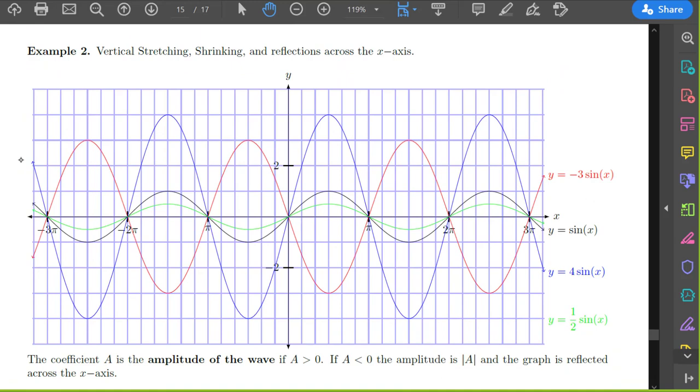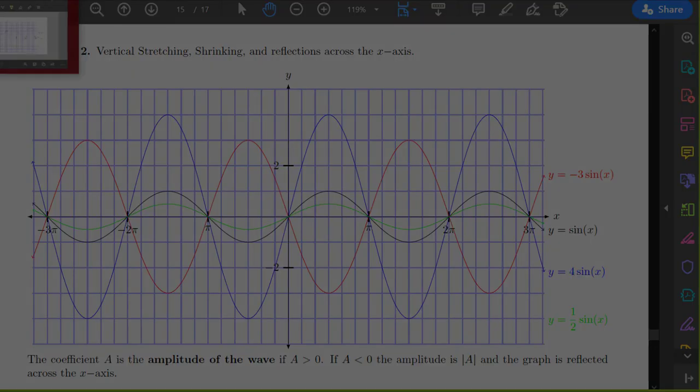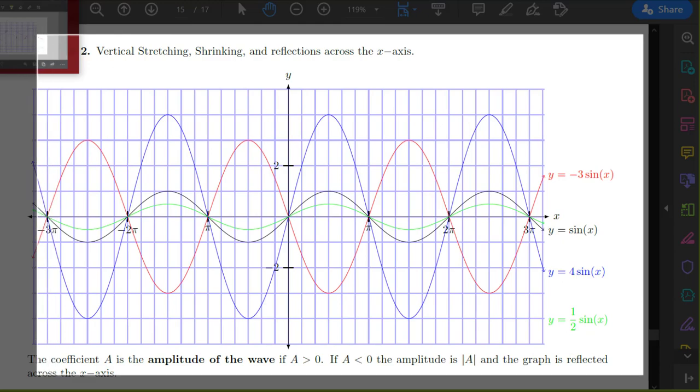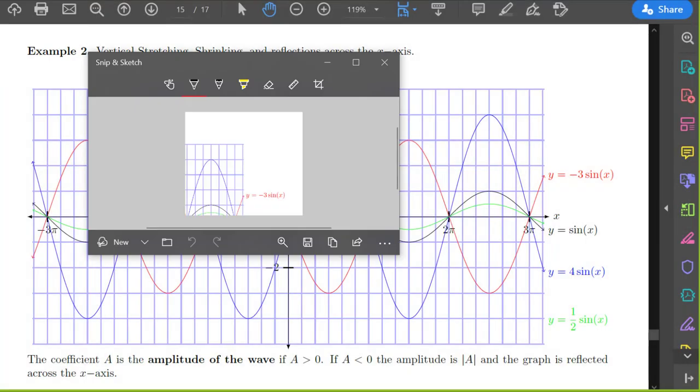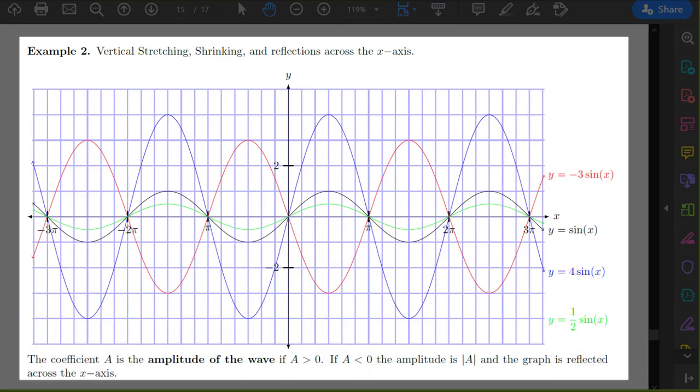So the next one, which is also familiar to us, is vertical stretching and shrinking.